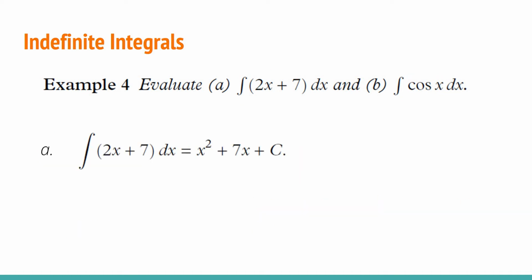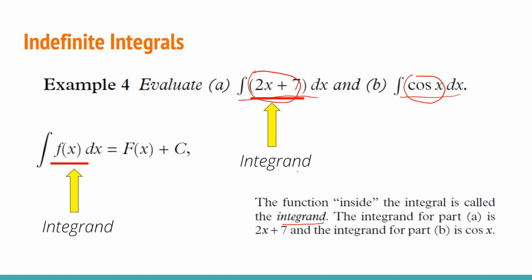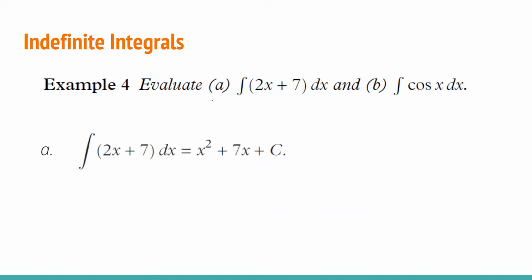Okay, so to evaluate letter A, the integral of 2x plus 7 dx equals x squared plus 7x plus c. So that is based on the equation. Let's go back to the equation. So the equation is f of x dx equals big letter F of x plus c.